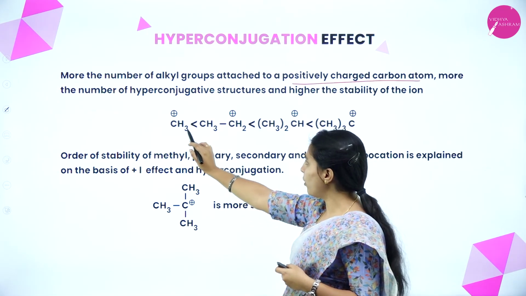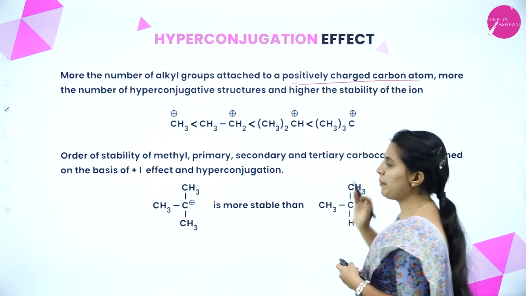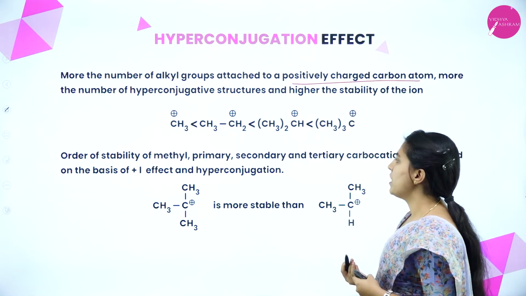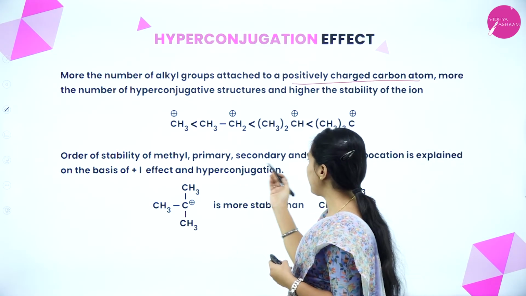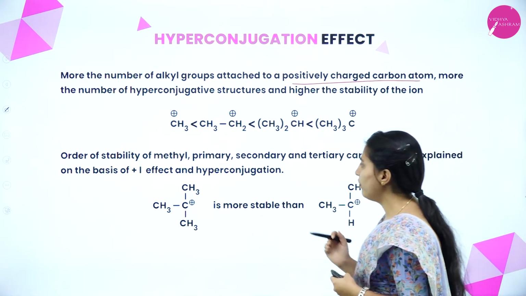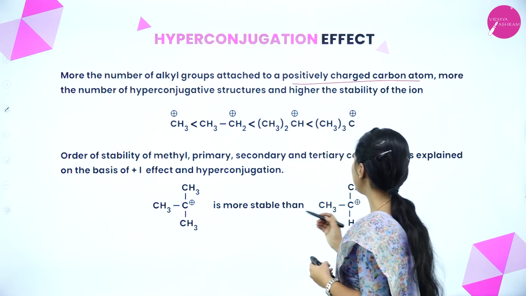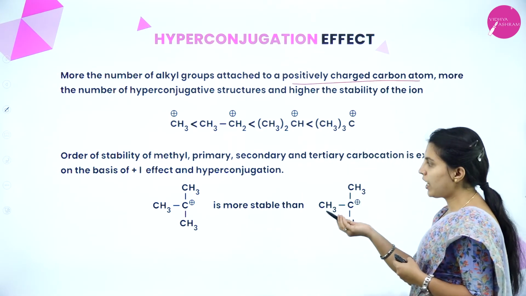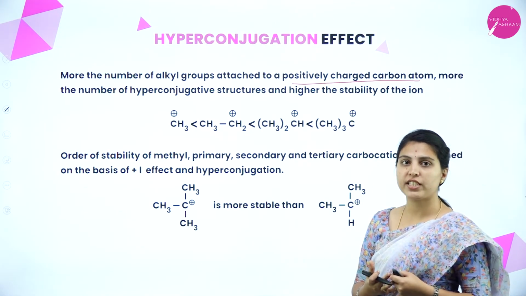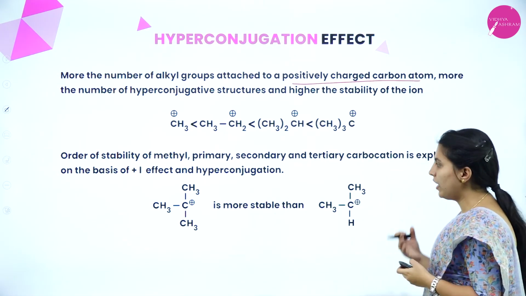As more alkyl groups attach, the hyperconjugative structures increase, obviously stability will be more. So the order of stability of methyl, primary, secondary and tertiary carbocation is explained on the basis of plus I and hyperconjugation. Tertiary carbocation is more stable than secondary because more hyperconjugative structures are there, and here fewer are there.